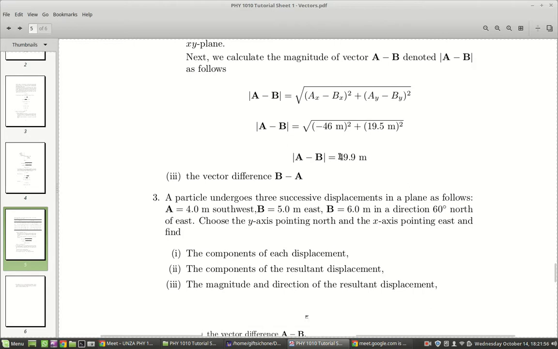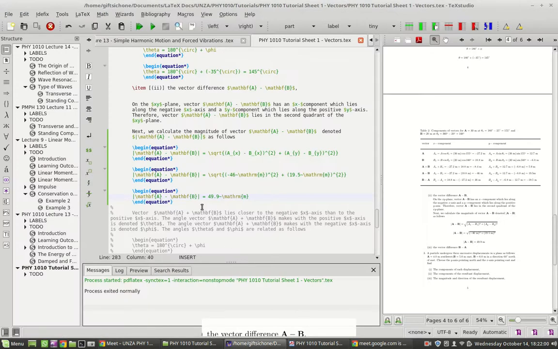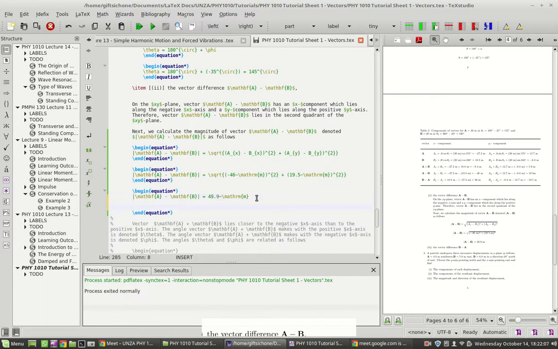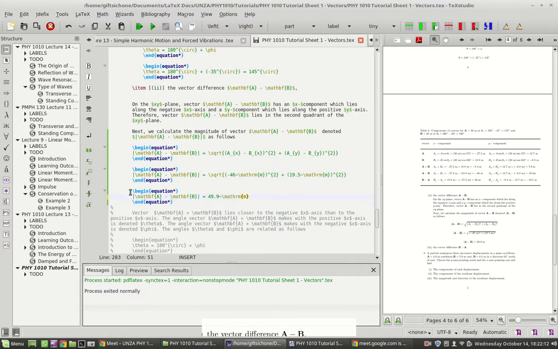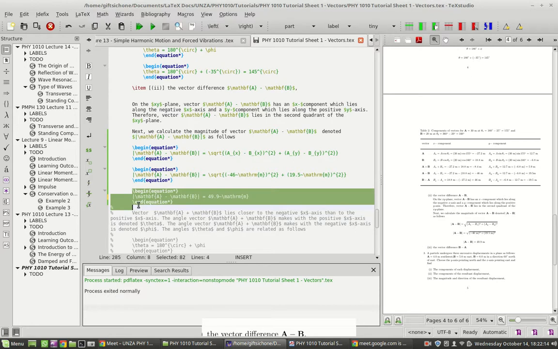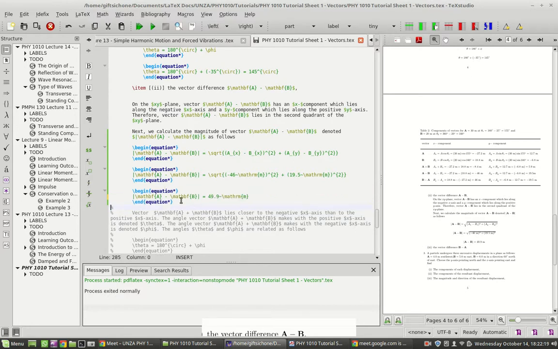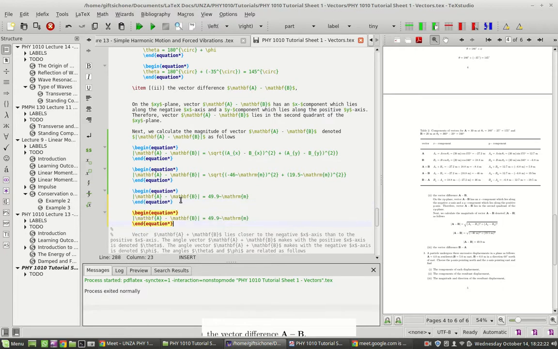So we have the size, that's 49.9, which is approximately close to 50. Basically, you can say that is 50.